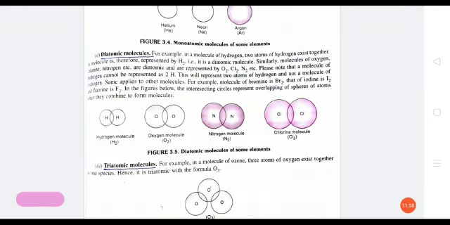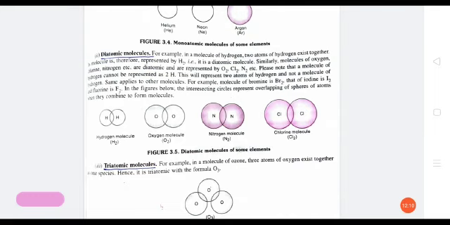Next is the diatomic molecule, meaning all the highly reactive gases come under this category. Two atoms of hydrogen make H2, two atoms of oxygen make O2, two atoms of nitrogen make N2, and two atoms of chlorine make Cl2.